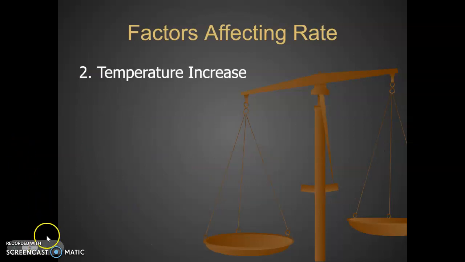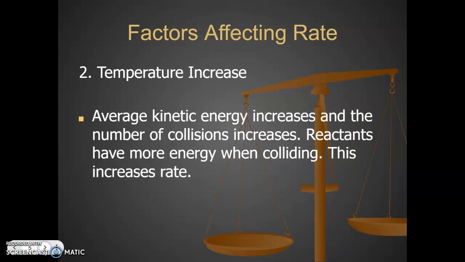Another factor that can affect rate is temperature. So as we increase temperature, we increase the kinetic energy of the system. So as temperature increases, the molecules are going to move faster. So their kinetic energy is going to increase. Now, let's think about the timeline of events for this. So if we increase our energy, the molecules are going to move faster.